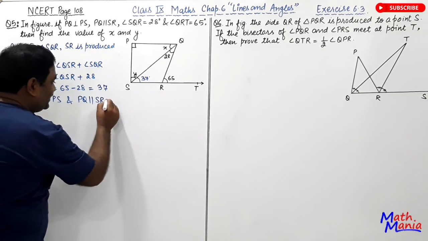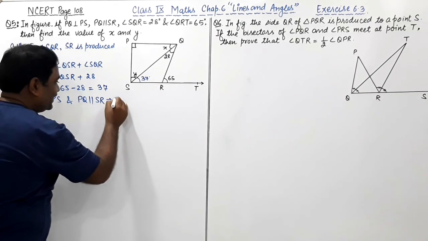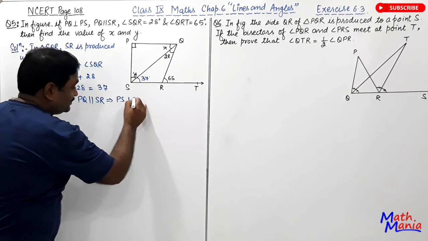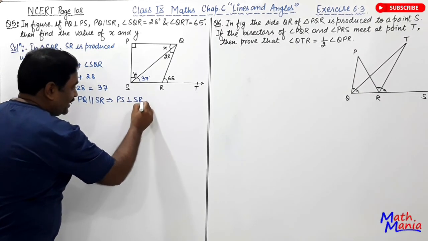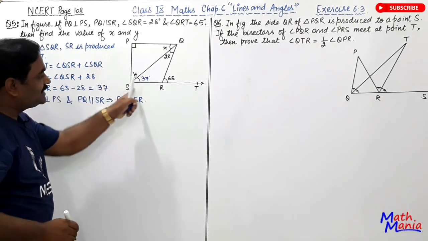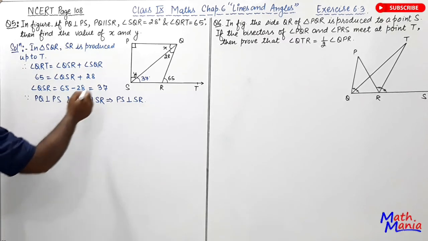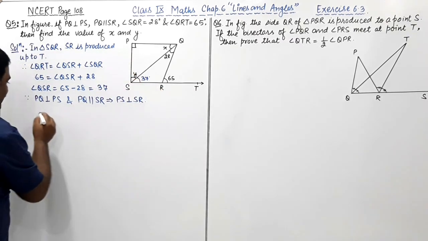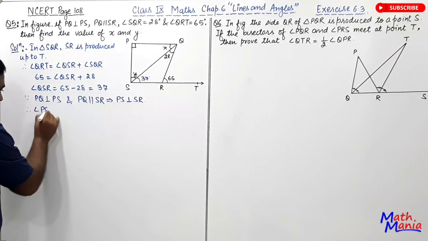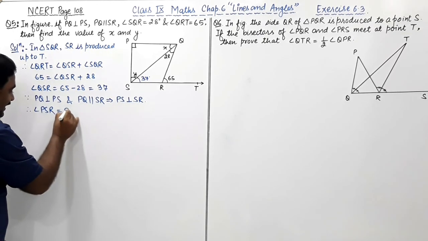This implies that PS is perpendicular to SR also. And if PS is perpendicular to SR, then angle PSR is 90 degrees. Therefore, angle PSR equals 90 degrees.